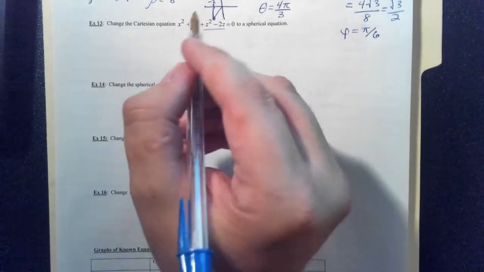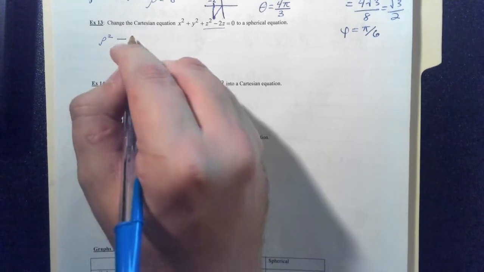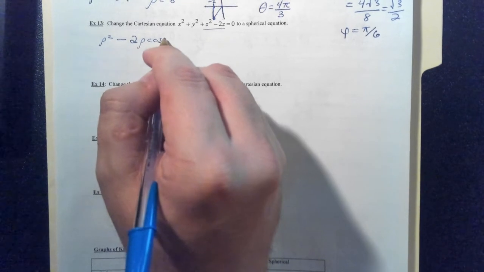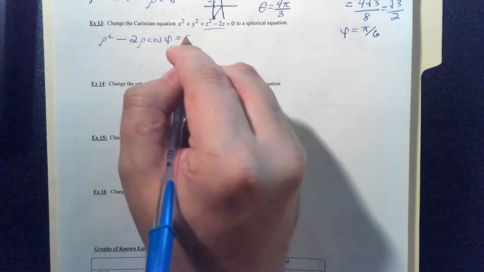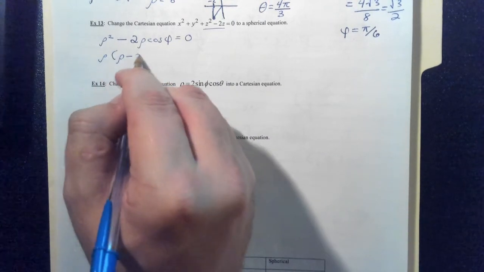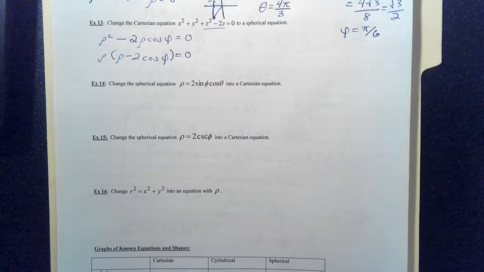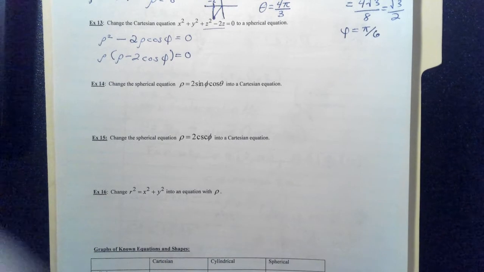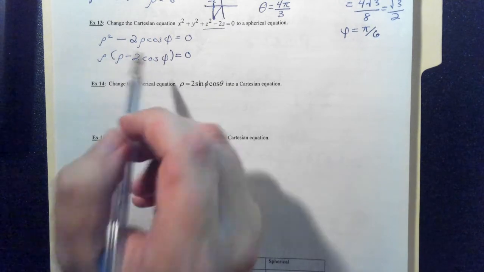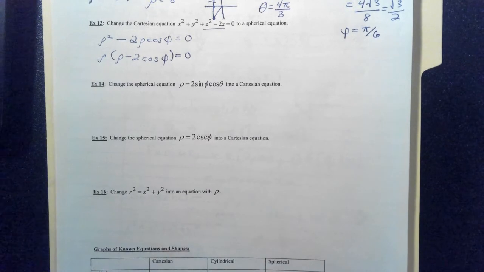Well, x squared plus y squared plus z squared is rho squared. And from that, I'm subtracting 2z, z, which is rho cos phi. So from this, I can factor out a rho and rewrite my equation thusly. Now, I could separate this. This is an equation that says rho is 0, or rho minus 2 cos phi is 0.